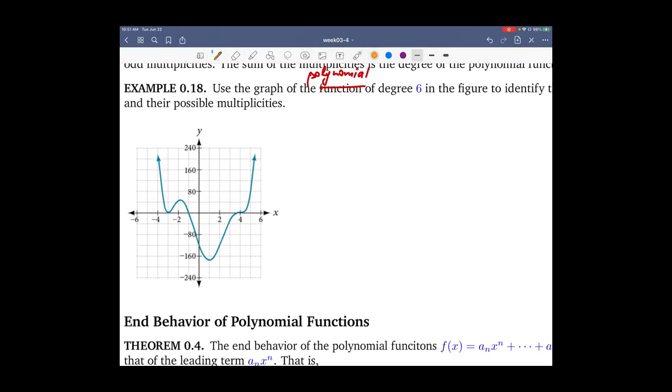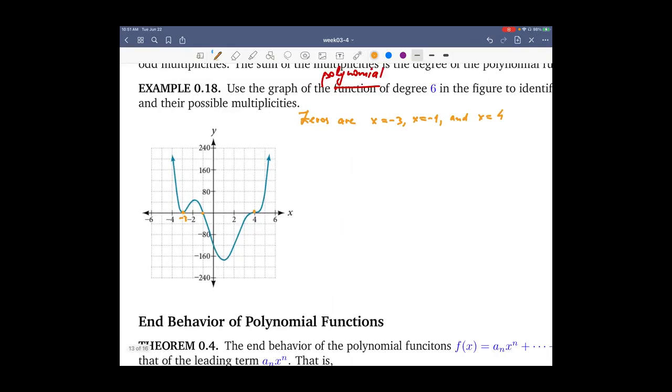Where are the zeros? Well, the zeros are -5, excuse me, -3, -1, and 4. Moreover, we see immediately that because at -3 we have a touching, that has to be a root of even multiplicity.